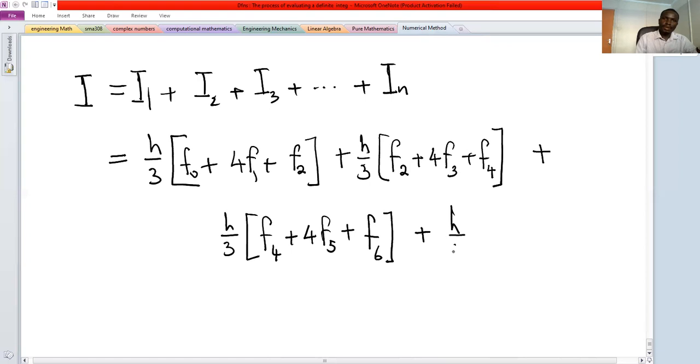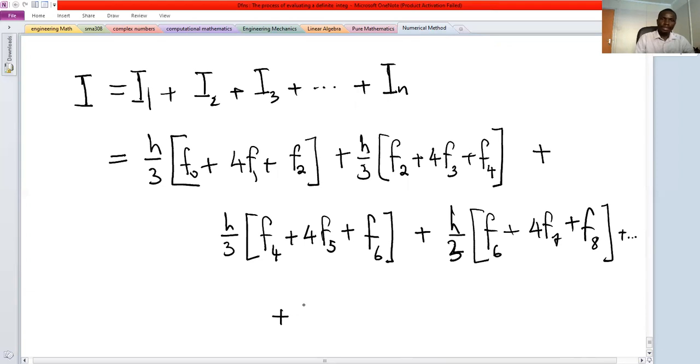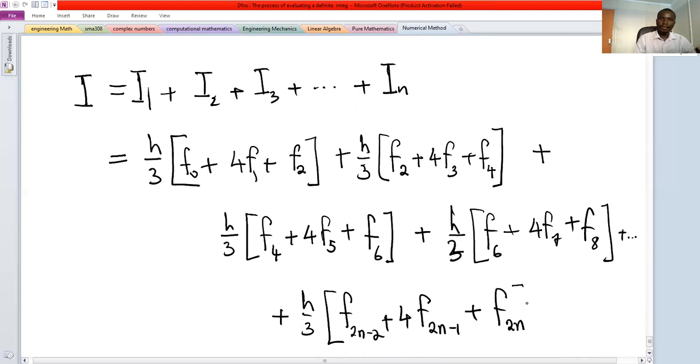I4 is h over 3 into f6 plus 4 f7 plus f8, all the way up to the nth one, which is h over 3 into f2n minus 2 plus 4 f2n minus 1 plus f2n.